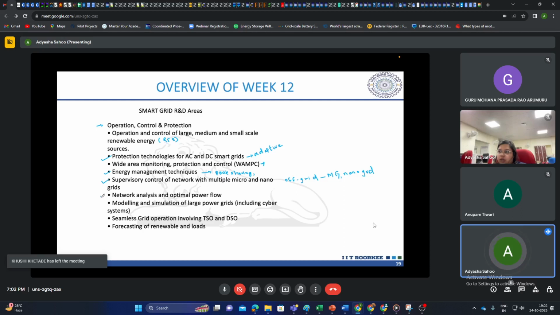Then network analysis and optimal power flow, because we saw due to this renewables, the grid is changing. So we may have a grid with both AC system and DC subsystems connected. So we need to do the load flow studies and optimal power flow network analysis studies for these systems.